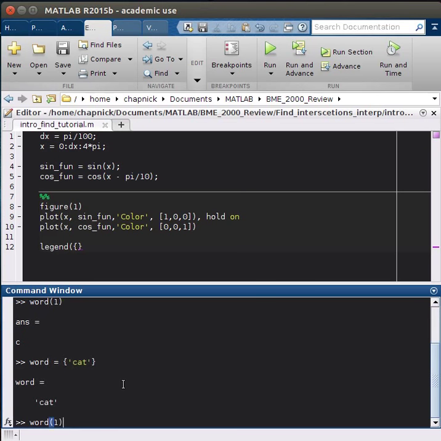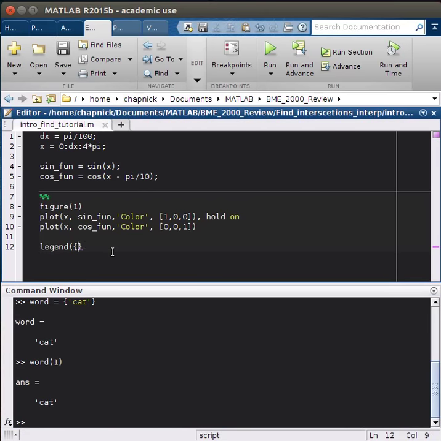So if we say word 1, we get the whole word cat back, and that's different than when we put the first subscript here and got back C. That's just a little thing, and it's useful elsewhere, but here we just have to use that for the syntax.